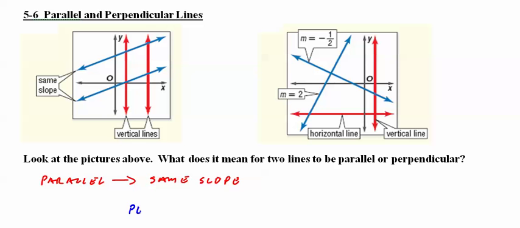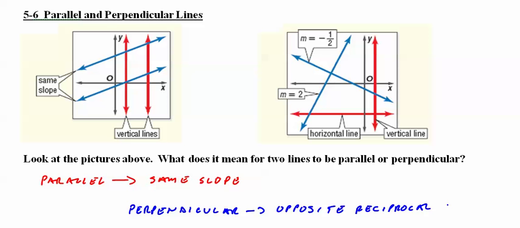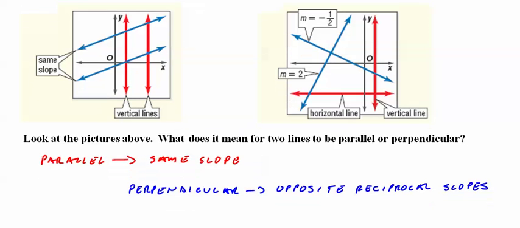Perpendicular has this horrible expression called opposite reciprocal slopes. It means flip it and multiply by -1.